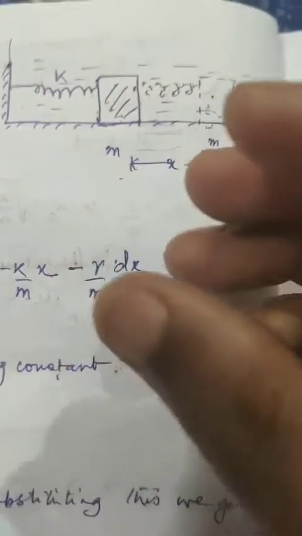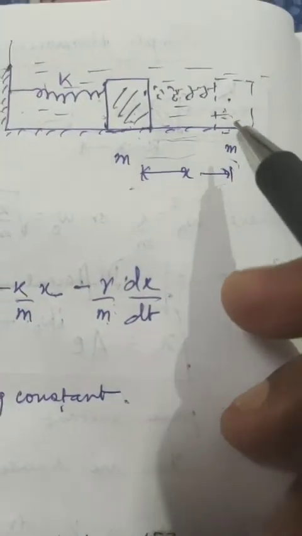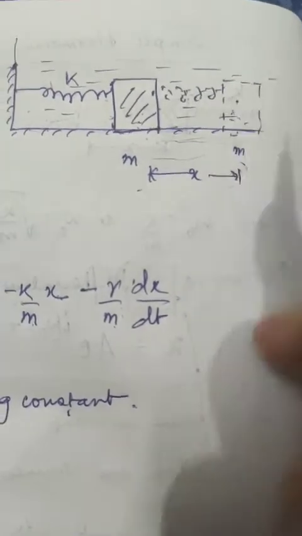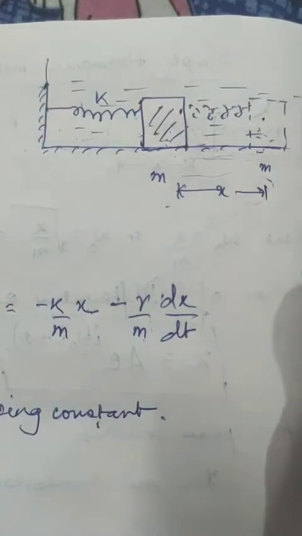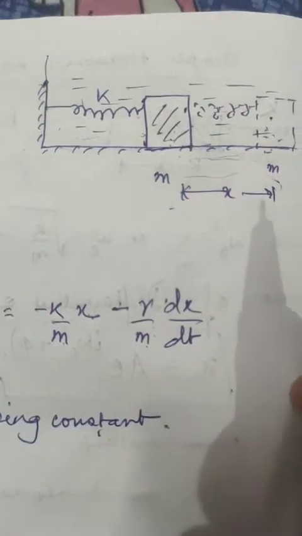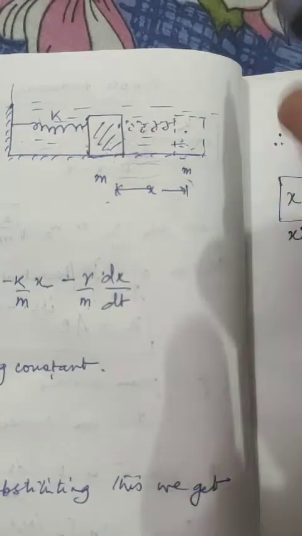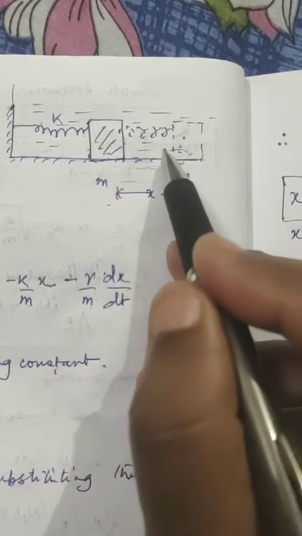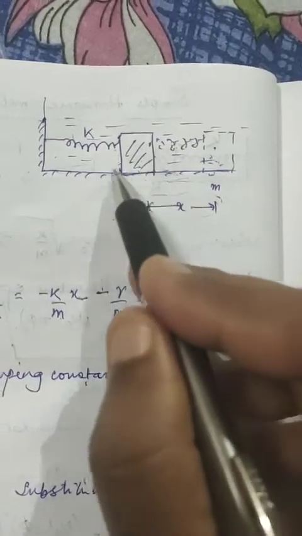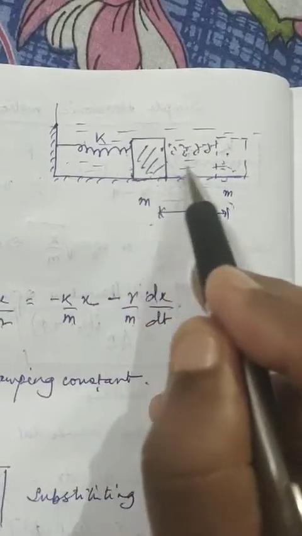A jelly is a very, very thick liquid. So if you put it inside a jelly and release it, this mass will not oscillate at all. It is an overdamped system. If you stretch this mass and release it, it will slowly come to the equilibrium position. It will not overshoot and oscillate.